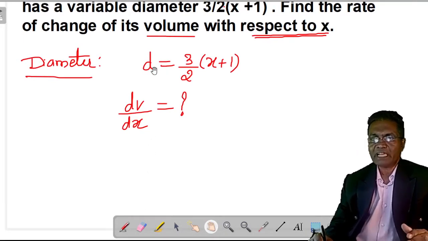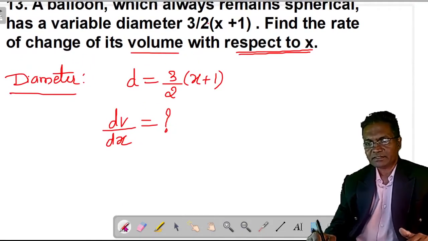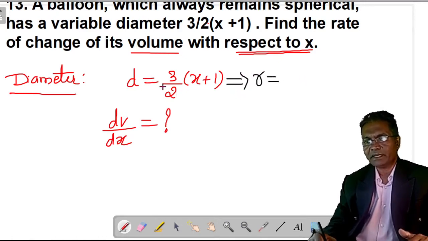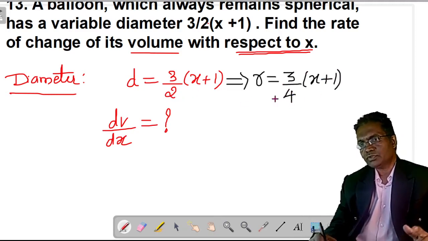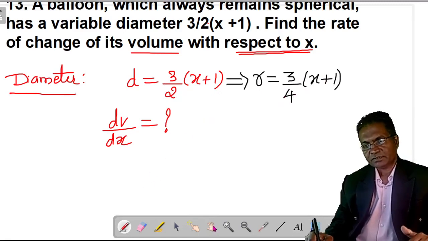Now we have a diameter, so you need to find the radius. If the diameter is this much, its radius is the diameter divided by 2. If you divide it by 2, you will get 3 by 4 into x plus 1. This is your radius. Very simple.